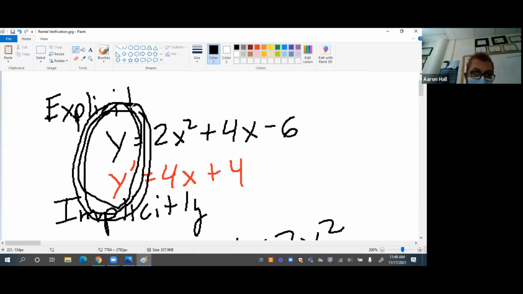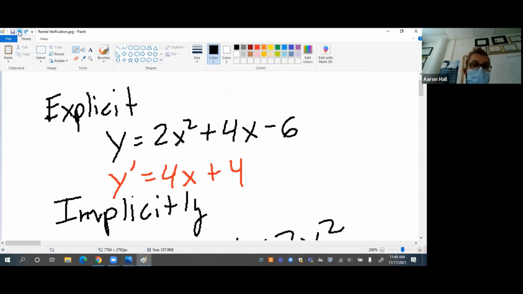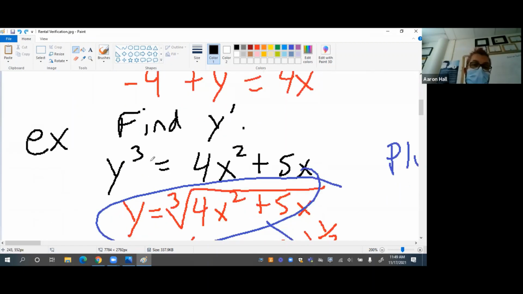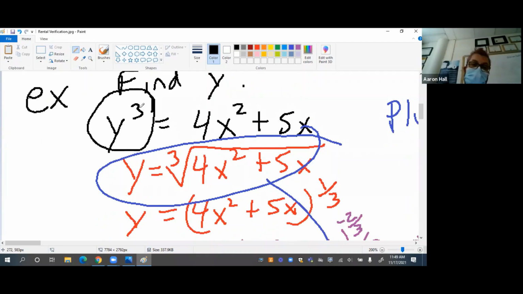Eileen, what do we do when we're taking the derivative? What do we do with y? Yeah, when we take the derivative of y with respect to x, we make it y prime. What do we do if y is inside of another function? We have to do the chain rule.